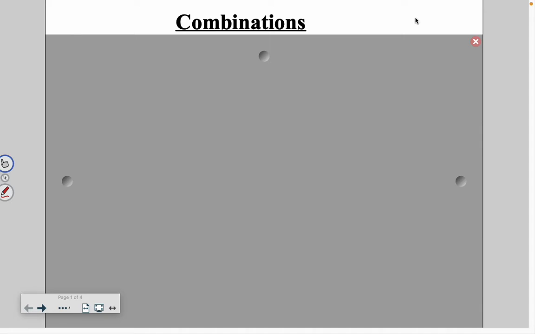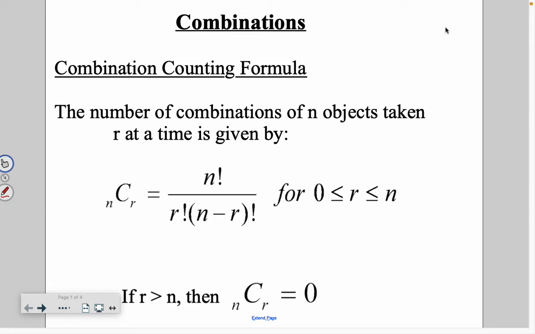Okay? So that's kind of where we're headed. This should look familiar. In general, it's the exact same thing that we looked at yesterday with permutations and that formula. The only difference here is, if you notice, yesterday when we did nPr, okay, permutations, it was n factorial divided by n minus r factorial. Today we've got an r factorial in the denominator as well.